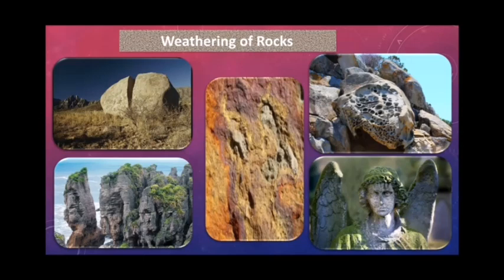So children, can you tell me why the rocks are in such a condition? So the rocks are in this condition due to a natural phenomenon of breaking or weakening of rocks, which is called weathering, that we will learn in this chapter.